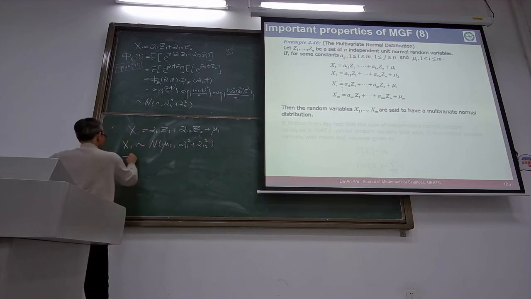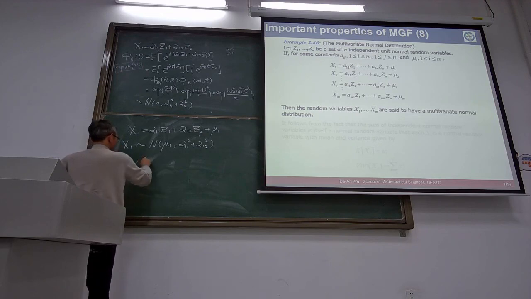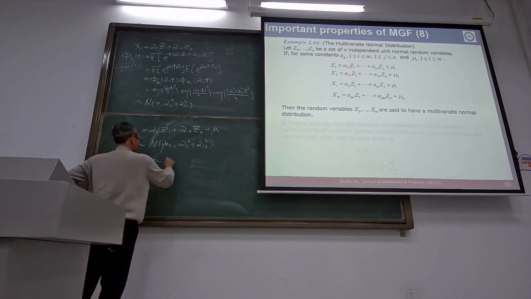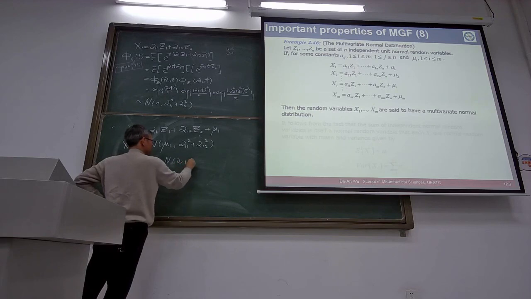Of course, here z1 and z2 are standard normal distributions and they are independent.